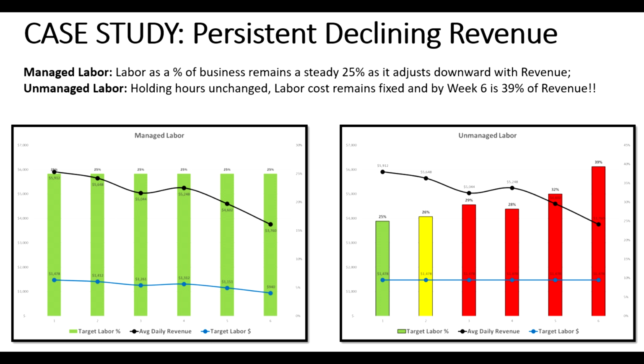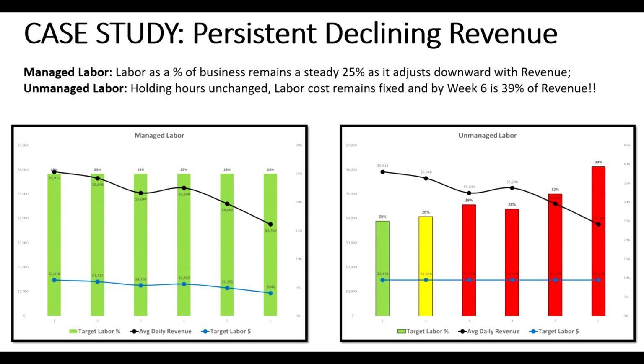So on the managed labor on the left, you can see it's dipping down somewhat along with the changing revenue. However, on the unmanaged labor chart, which is on the right, it's just a straight line. So that's our beautiful, loving Labrador labor who's just chomping straight through each week, just consuming the same amount of labor despite the fact that the business is getting slower and slower and slower.